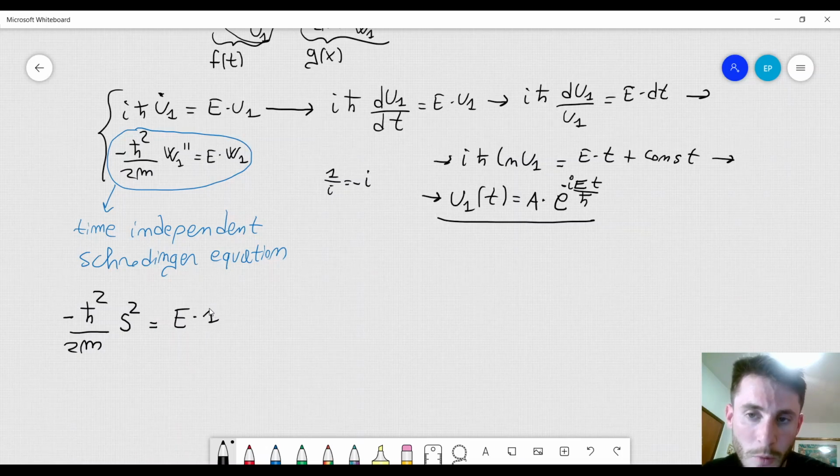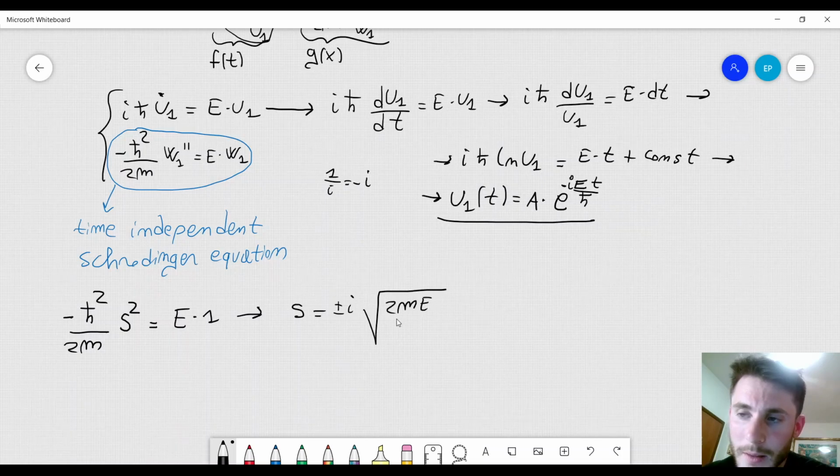So here you multiply by 1. And here this power of 2 represents the second order derivative. Okay, so what you have to do is solve for s, and in this case s is just equal to plus or minus I square root of 2me divided by h bar squared.